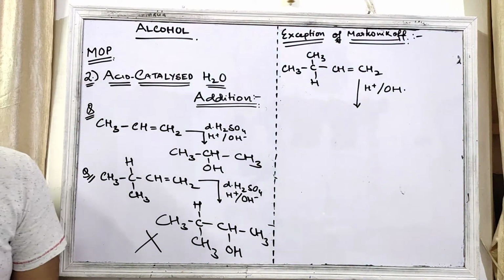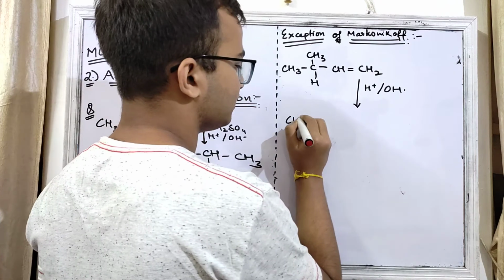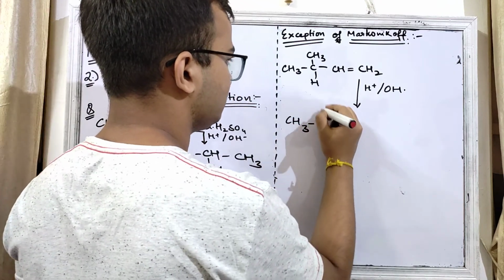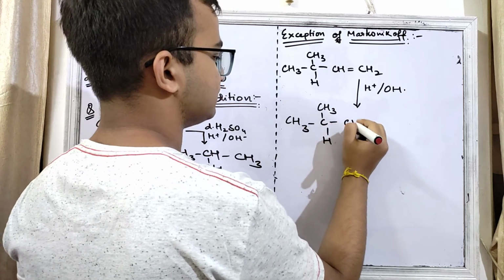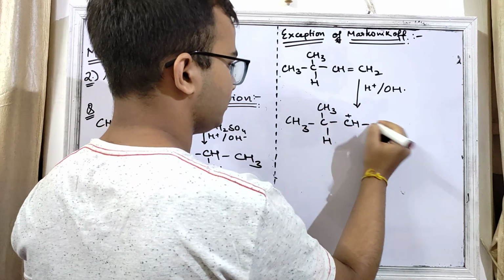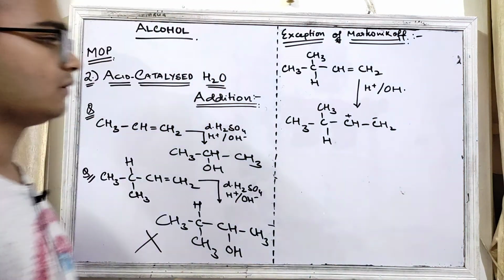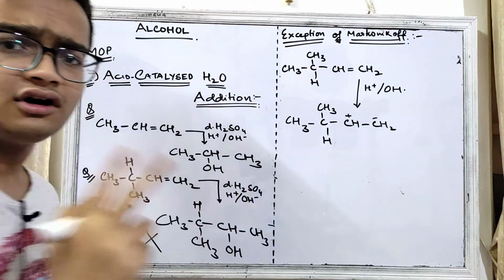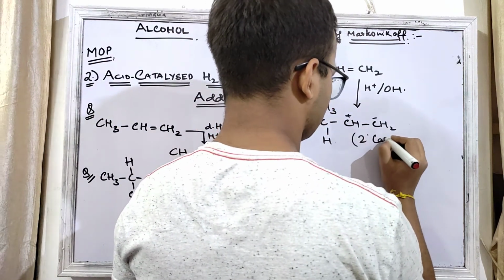Now a structure somewhat like this is being formed: CH3, C, CH3, H, CH3, CH plus, I'm sorry, and CH2 minus. And this is a 2 degree carbocation. Let's write over here, this is 2 degree carbocation.